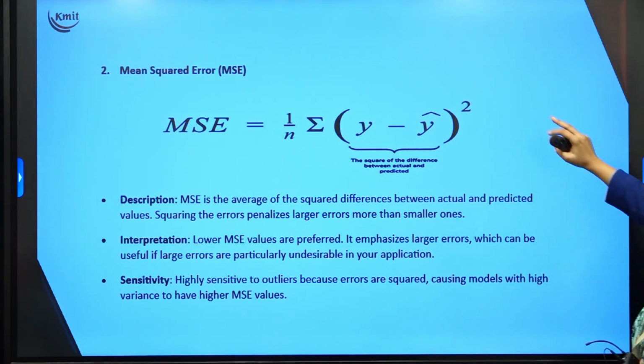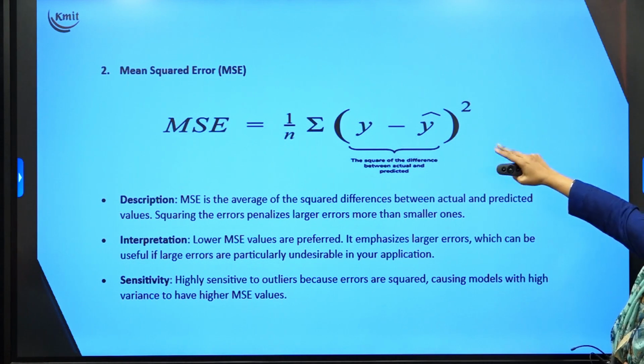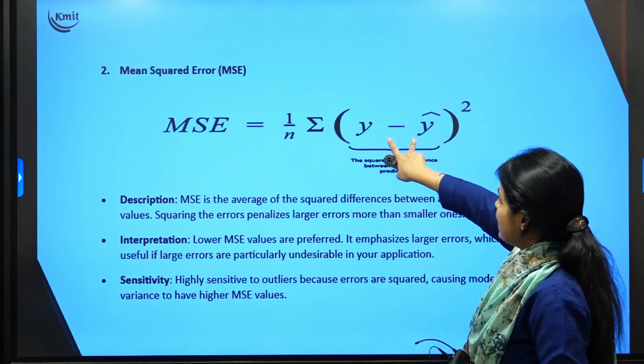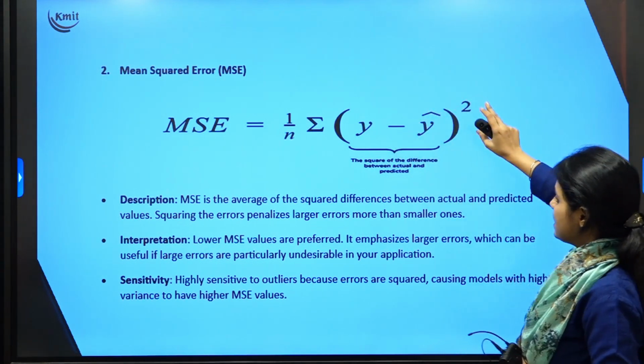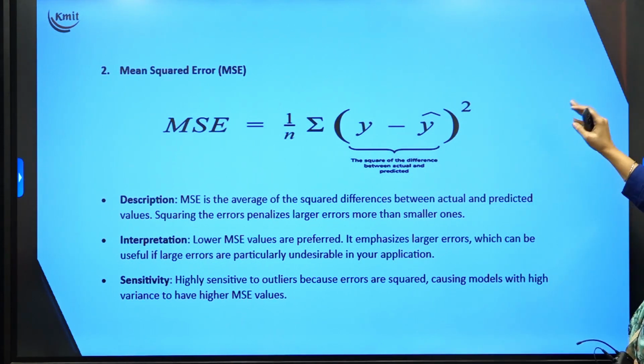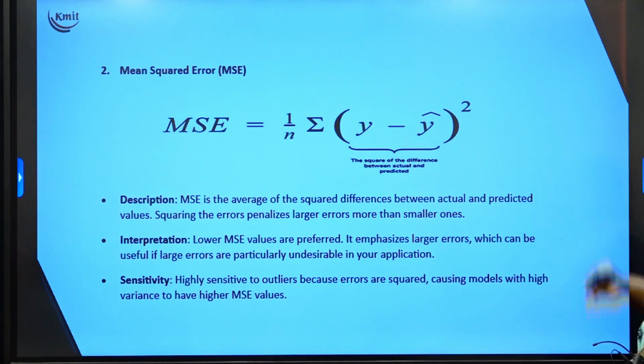So squaring this particular term will penalize large errors more than small errors. Now when you talk about MSE, lower MSE values are preferred. So the lower the value, the better the accuracy is.